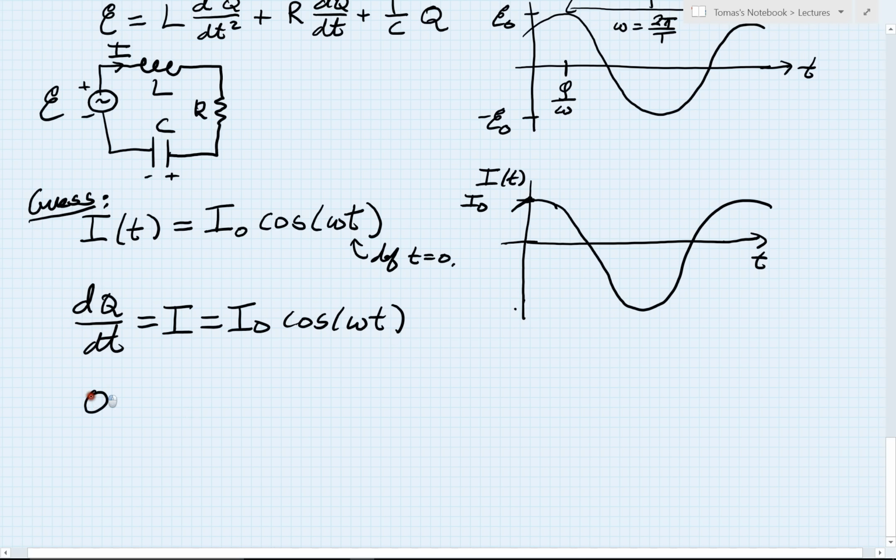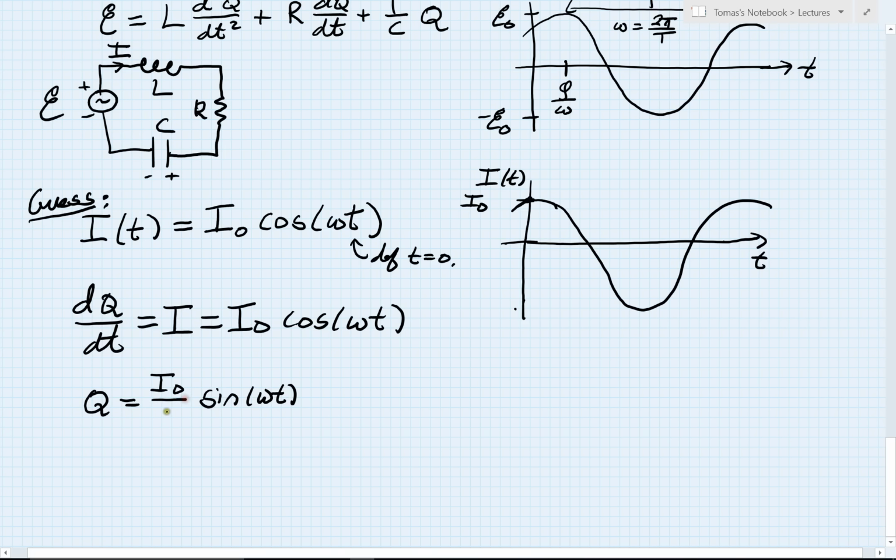The integral q would be, when I integrate this with respect to time t, the integral of cosine gives me the sine function. I will have I naught sine of omega t. I'm writing that up high because I realize when I take the derivative of this charge, I will pull out an extra factor of omega that I don't want for dq dt.